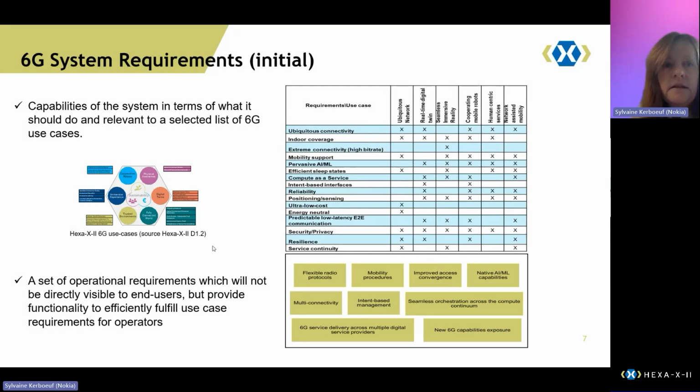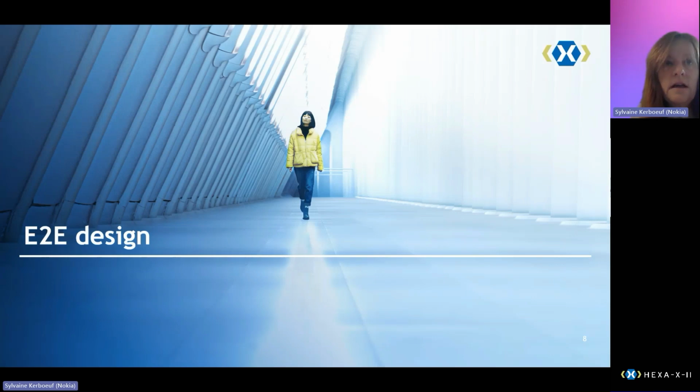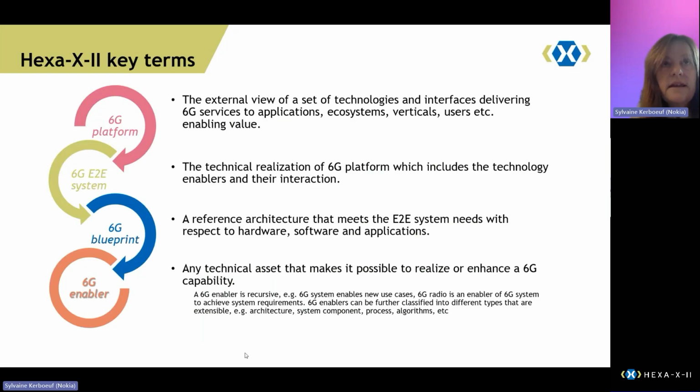So now moving to the end-to-end design, before starting to describe the design, I just want to state some definitions of terms that we use in Hexa-X-II. I've already talked about the 6G platform as the external view of a set of 6G capabilities. Then the end-to-end system is the technical realization of this 6G platform, and it includes all the technology enablers and their interaction.